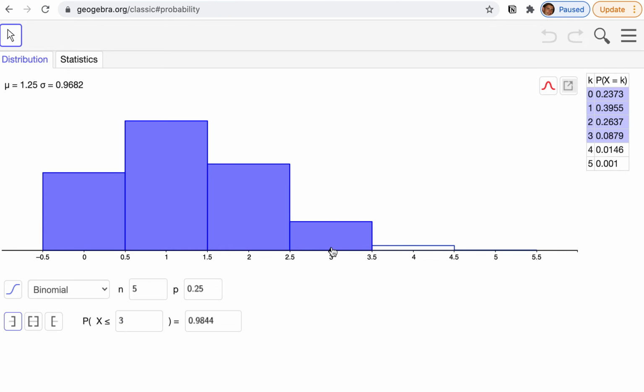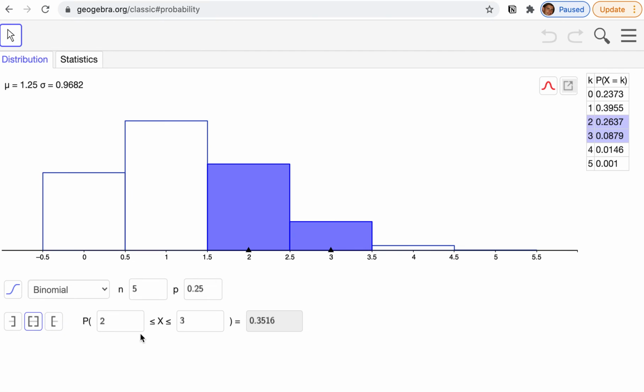Rather than calculating all of these individual ones independently, it adds those all up. If you wanted to find the probability that it was between 3 and 4, you would just switch to this middle one and then adjust these numbers for the compound inequality. And again, you can see the probability that's representing that, a little bit more than 10%, and you can see the area represented in the curve.